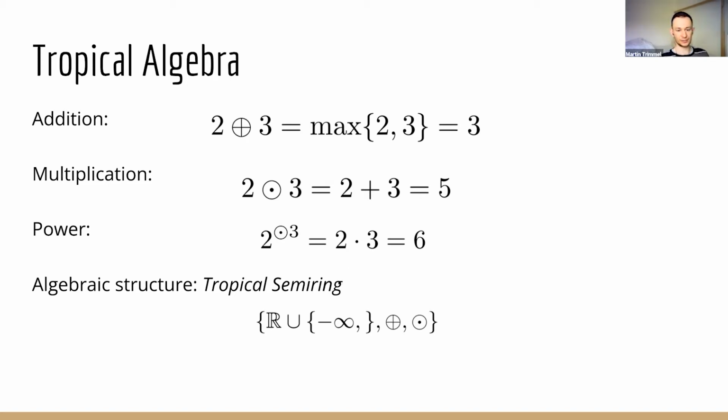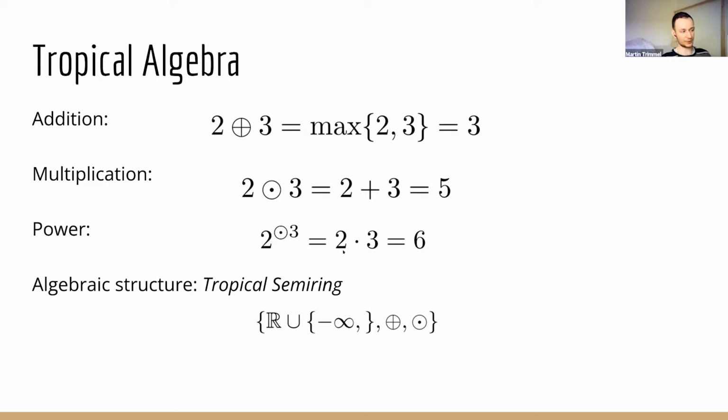This gives rise to an algebraic structure called the tropical semi-ring. The tropical semi-ring consists of the real numbers with negative infinity and the tropical addition and multiplication operations. This structure is a semi-ring and not an algebraic ring because the tropical sum has no inverse operations.